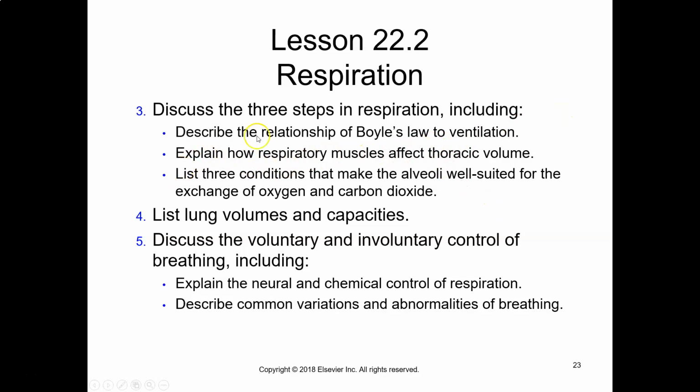Okay, so you need to know Boyle's law, and I wanted to read that to you. Boyle's law is related to ventilation, which is the breathing in and out of air into your lungs.